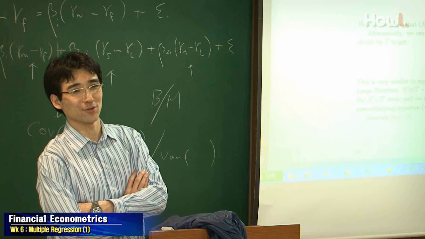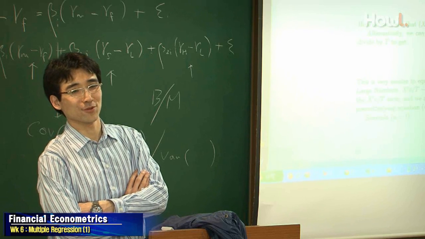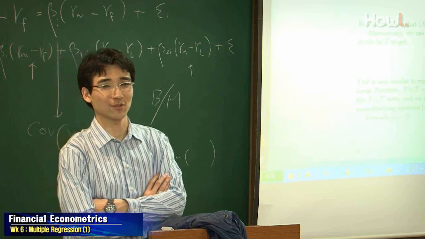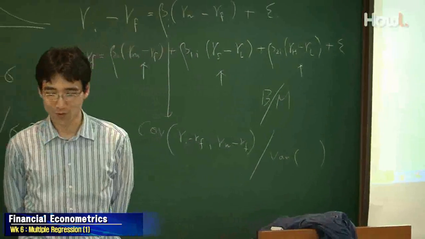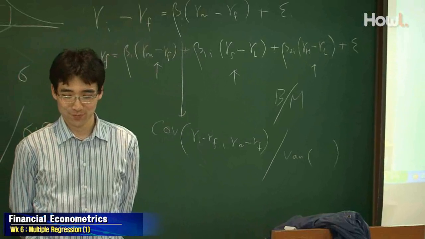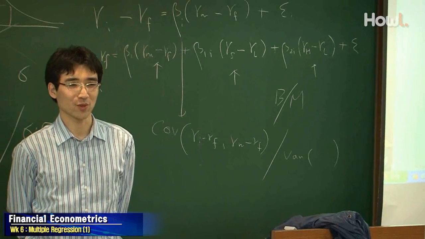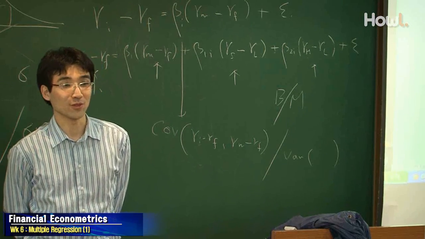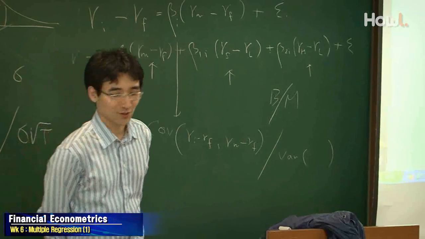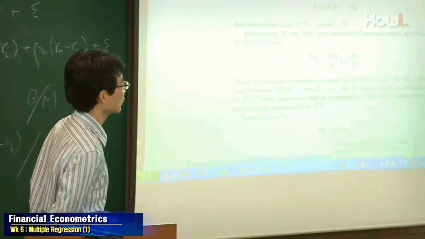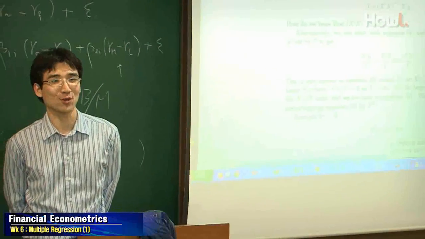The number of independent vectors in the matrix. Exactly. So when this inverse matrix exists, what should be the rank? It means that X prime X should have full rank, right? It is a square matrix, so it should have full rank.